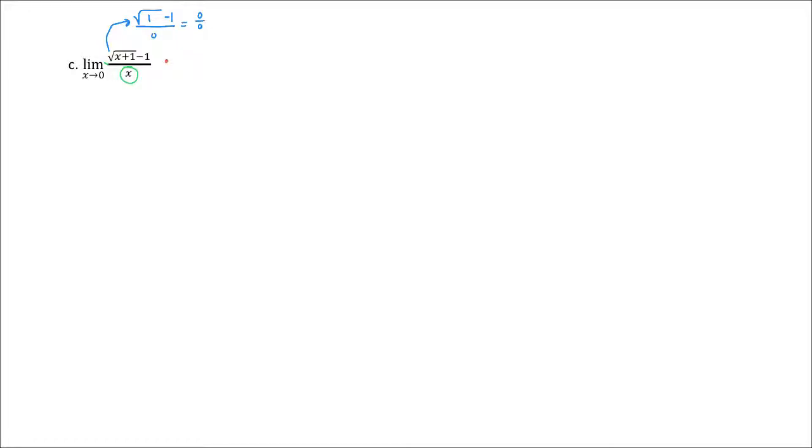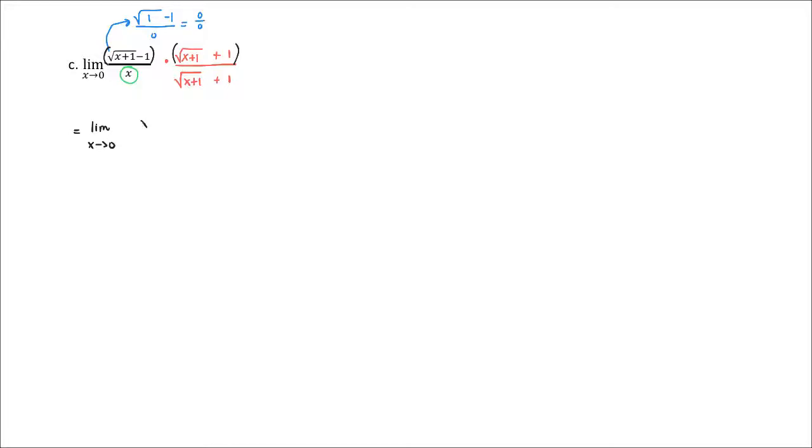So if I go, okay, the conjugate of the numerator is the square root of x plus 1 plus 1 over the square root of x plus 1 plus 1, that may actually be helpful. So now then, what I would have is that this is equal to the limit as x approaches 0. Now in the numerator, when I FOIL or expand this, I'm going to get a difference of squares.